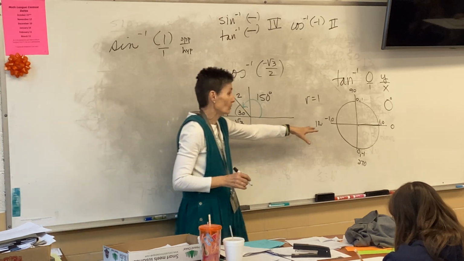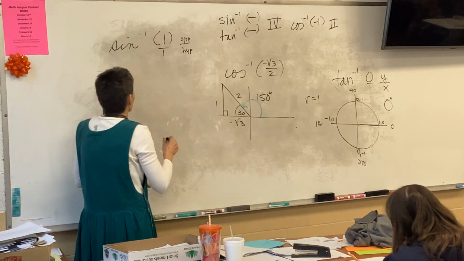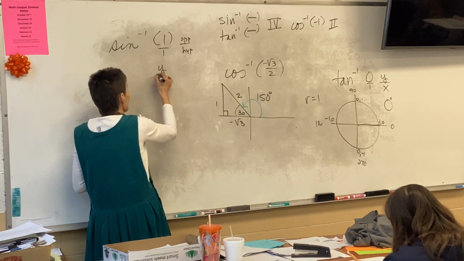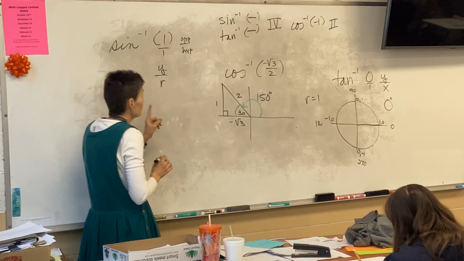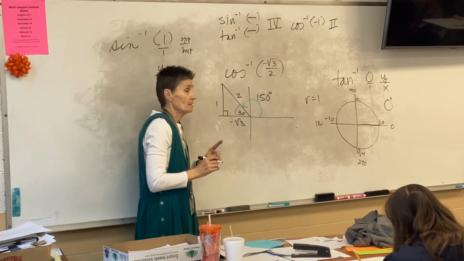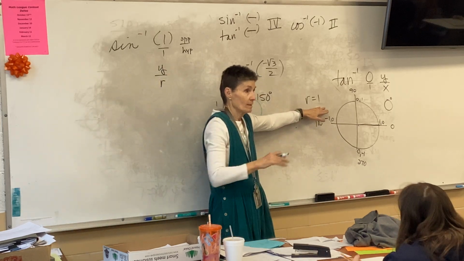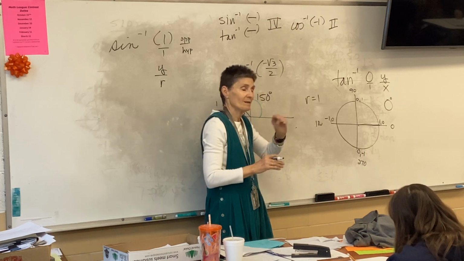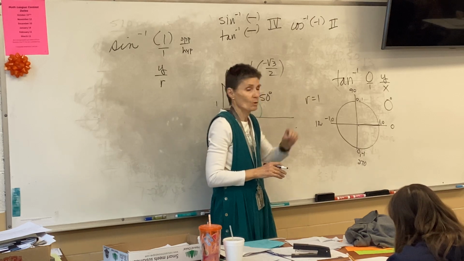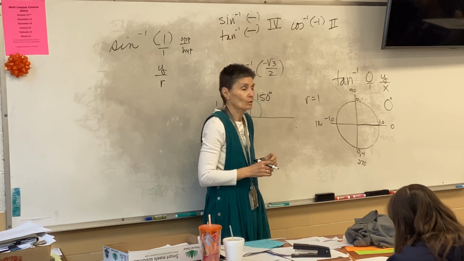When you're on the circle, this isn't going to change. But this time, I want y over r, sine, to be 1 over 1. Alright? So r is 1. That part's good. Where is y also 1? Look at your y coordinates.